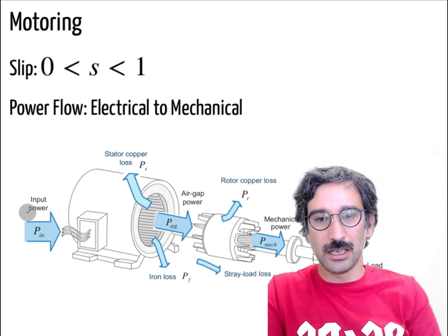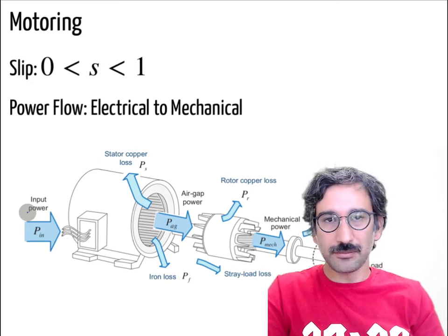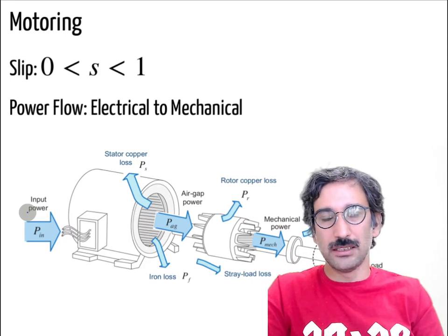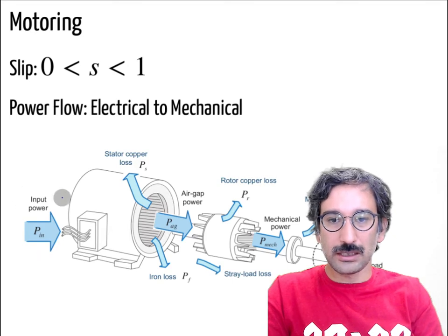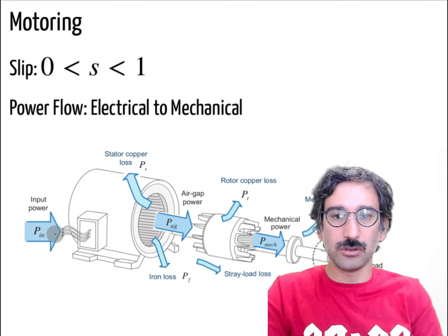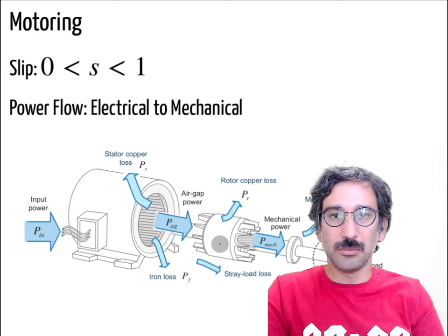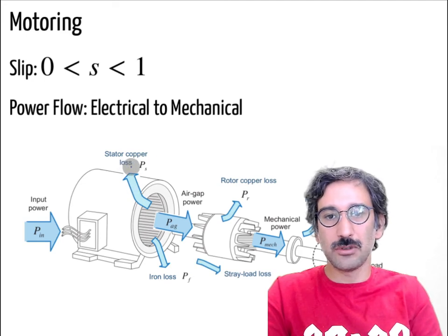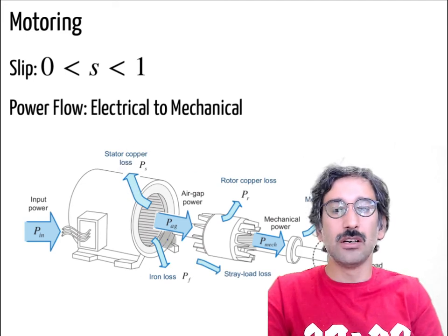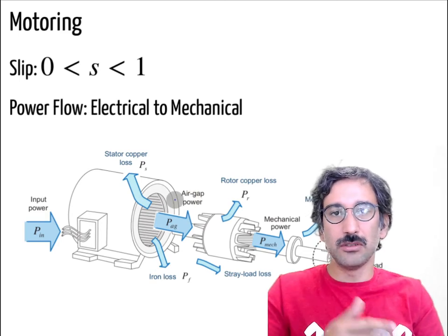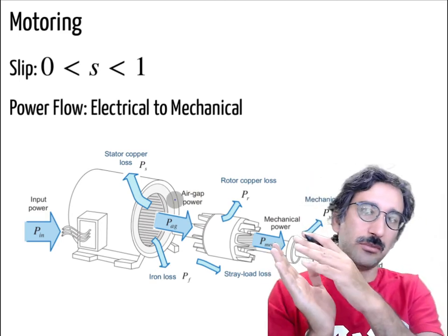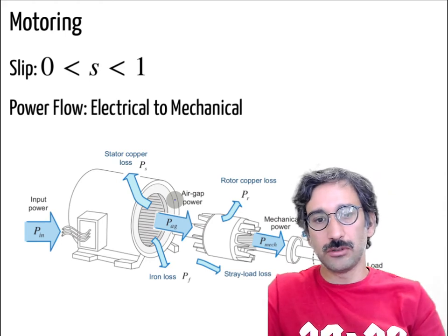The real power is different from the apparent power, and there's some power factor issue. But if you take the real power input to the motor, then you have a couple of loss components. The first one is the stator copper loss and the stator core losses.